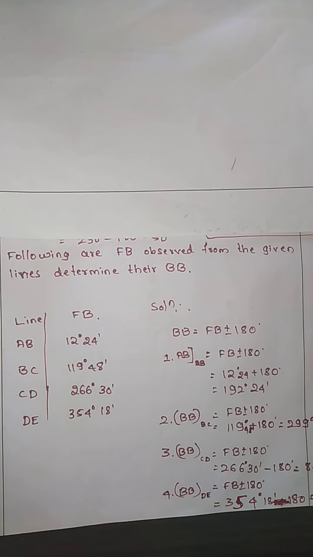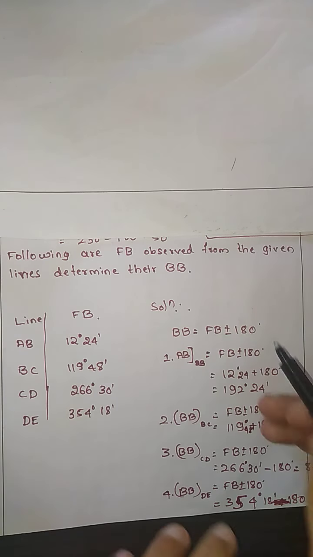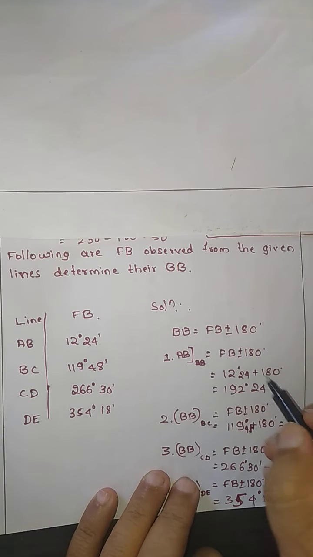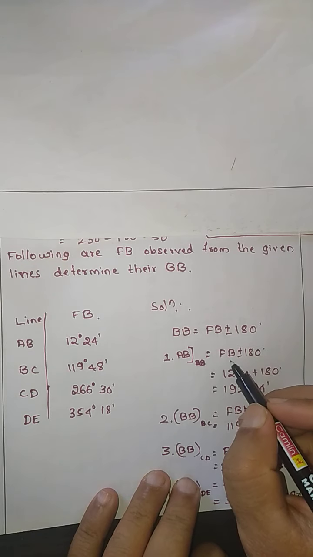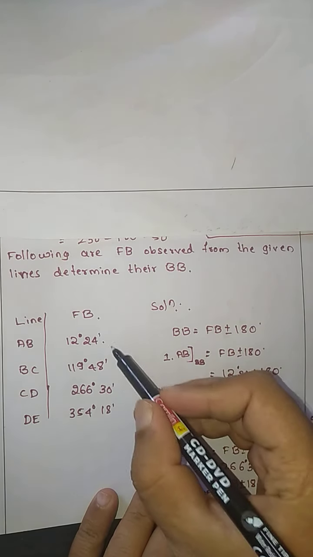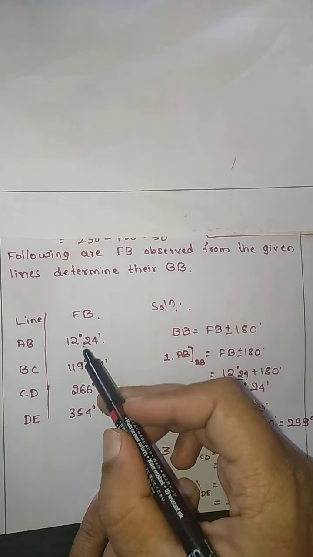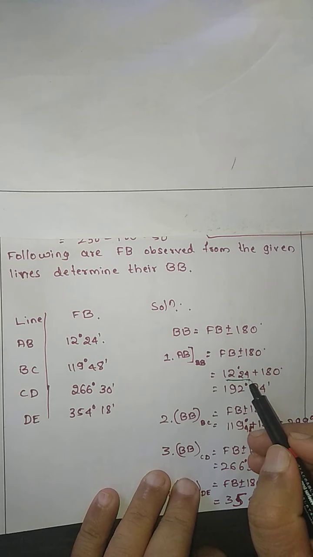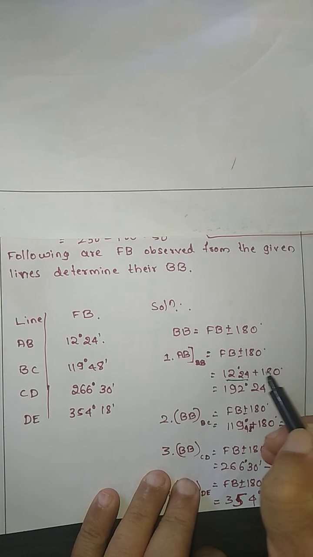Back bearing for AB: we are going to use the formula fore bearing plus or minus 180 degrees. The fore bearing of the line AB is already given in the problem: 12 degrees 24 minutes. Here we are going to use the plus sign. Why?